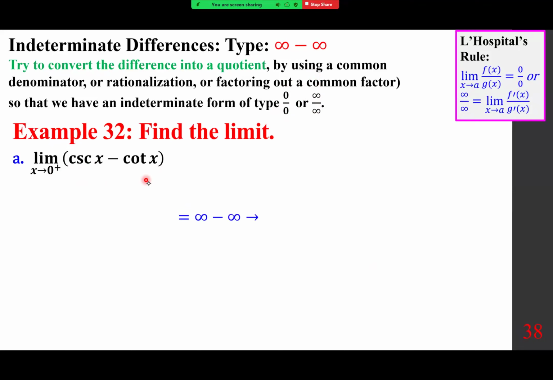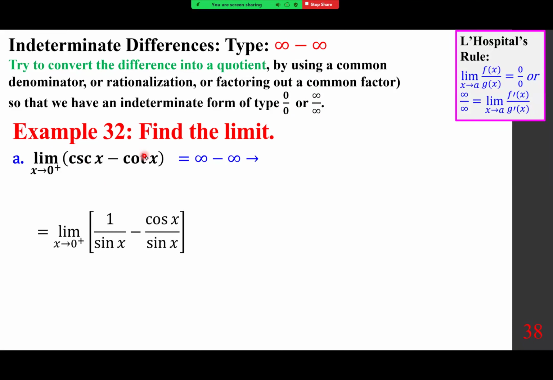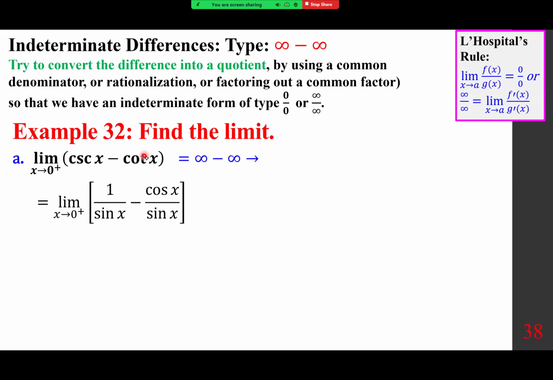So you have infinity minus infinity, and we are going to take a common denominator by writing this as 1 over sine and this one as cosine over sine. So common denominator is sine, the numerator is 1 minus cosine, and if I replace the x with 0, I get 1 minus cosine 0 over sine 0. Cosine of 0 is 1, so this is 0 over 0.